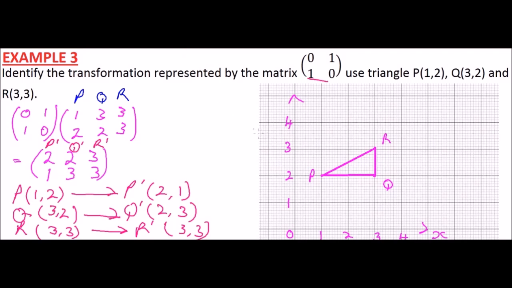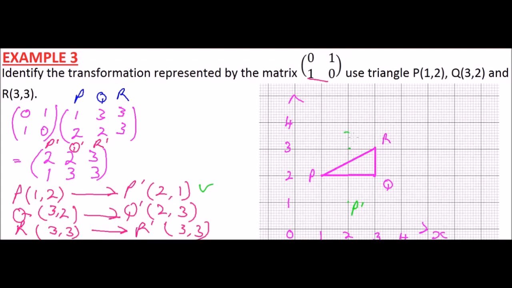From there, we are going to plot the image of this triangle by using the coordinates that we have obtained. Our P prime is 2, 1. We are going to use a different color. So that is our image of P. Then we have Q prime, which is 2, 3.